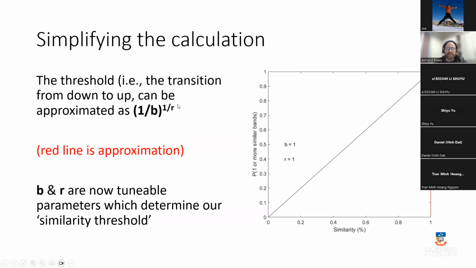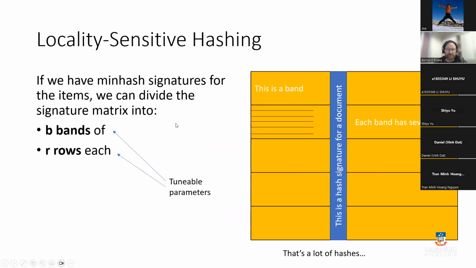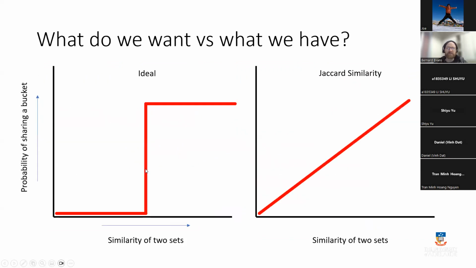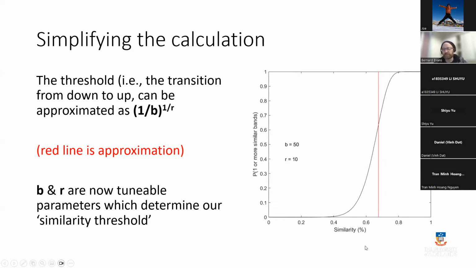Simplifying the calculation, it turns out that this nasty calculation can be approximated by a simpler calculation, which is this, right? And so basically what you can do is calculate this, and this gives you the threshold, basically the inflection point of this thing. You can see here that (1/B)^(1/R) is the red line.